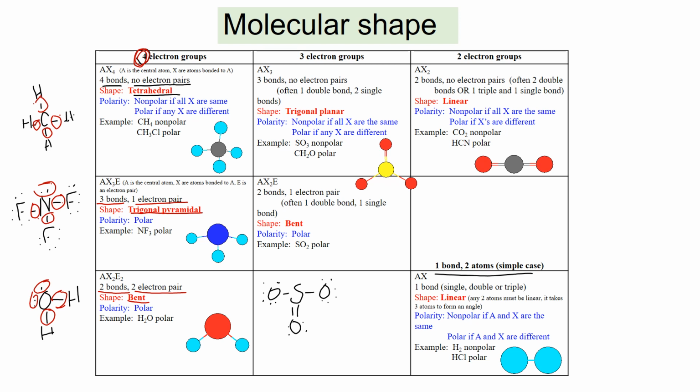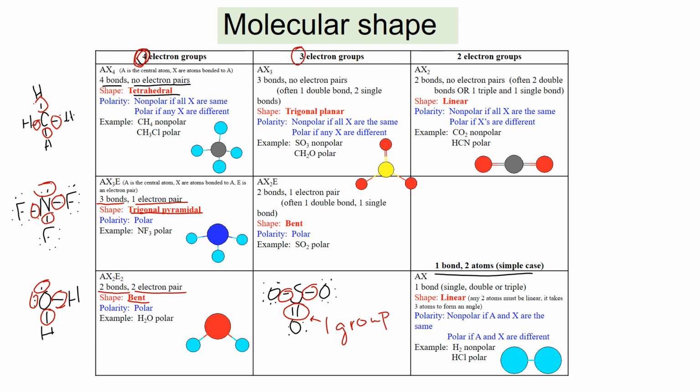But when we count the electron groups on this, we have 2 single bonds. They're each a group. This double bond is one group. Even though it's more electrons, they're all working together. So it's only one group. They don't need separate space. So we have three groups needing space, three electron groups.